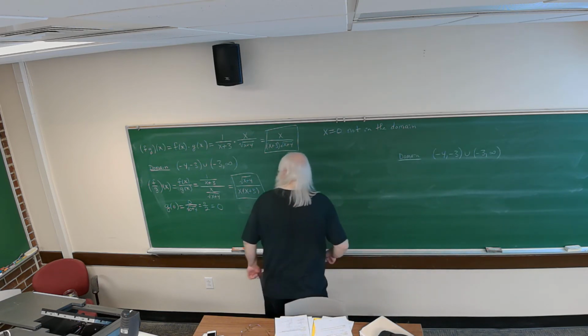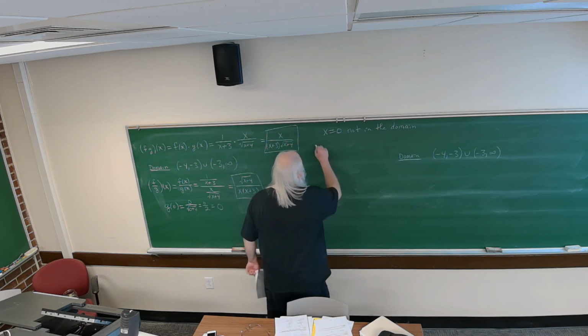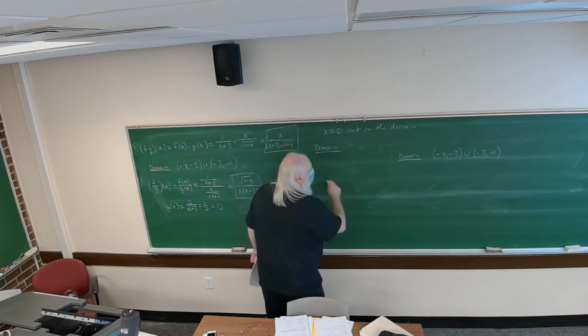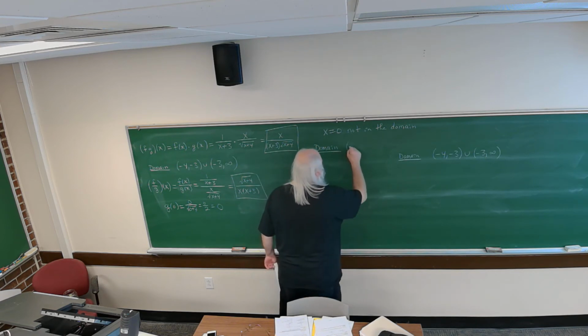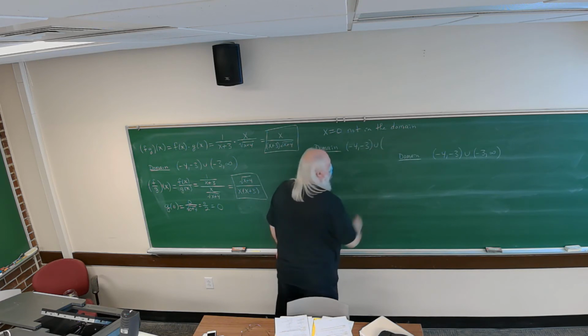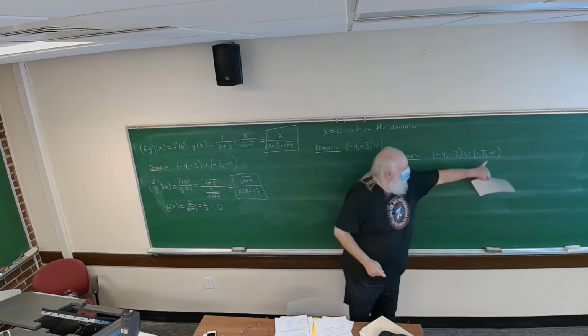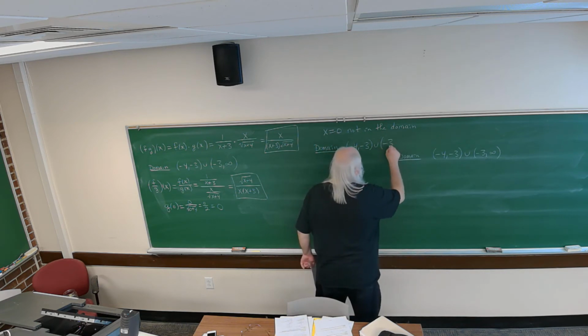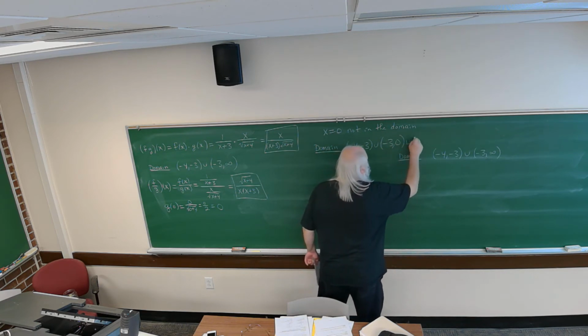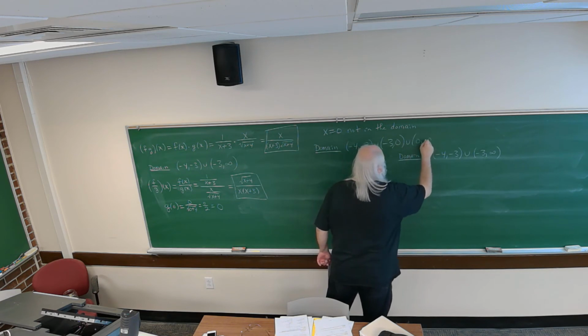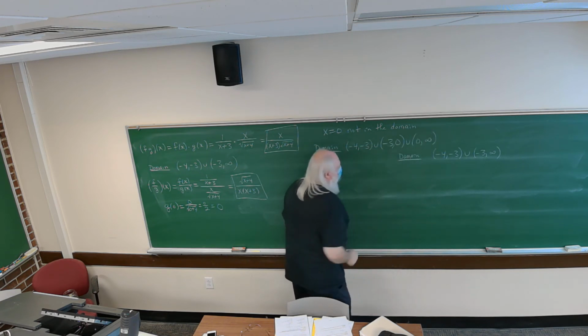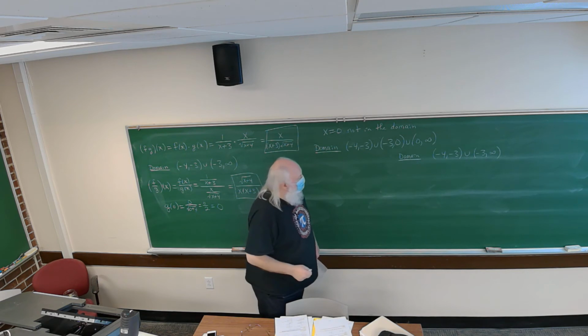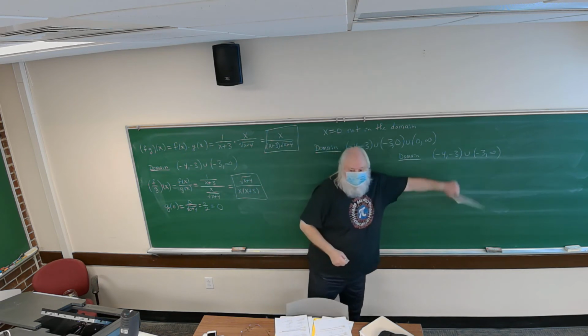So the domain for f over g of x, we're going to have the first interval from -4 to -3. And then we got to split this interval up. Goes from -3 to 0, and then from 0 to infinity. Because we got to eliminate 0 from this set of numbers.